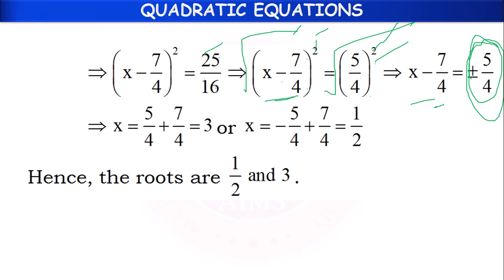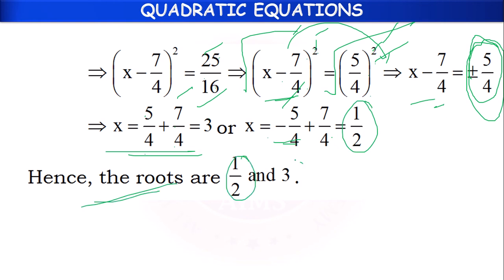So with plus 5 by 4, 7 by 4 comes to this side as plus 7 by 4. If we simplify, the value is 3. If we take minus 5 by 4, the value is 1 by 2. So the roots are 1 by 2 and 3.